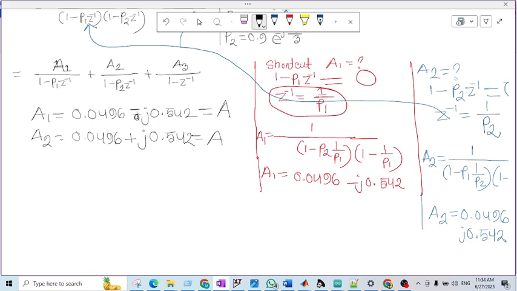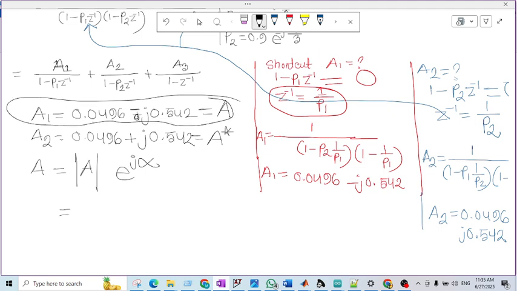So this is simply a conjugate, and we can write a as the magnitude of a and the phase e to the power j alpha. So if I calculate the magnitude of a from here, simply what will I get?